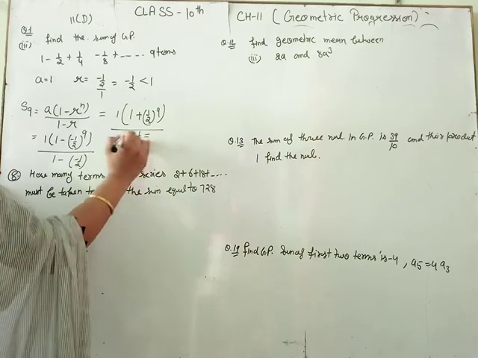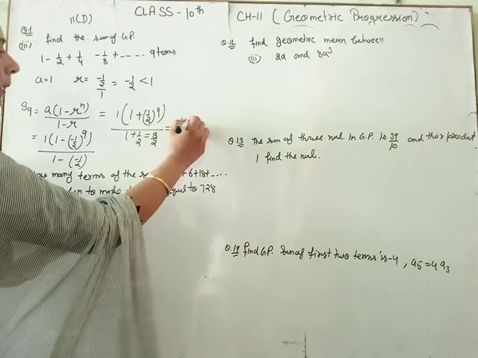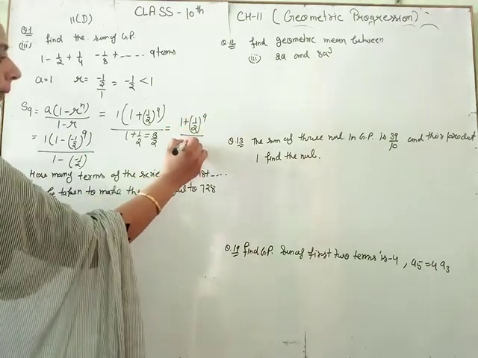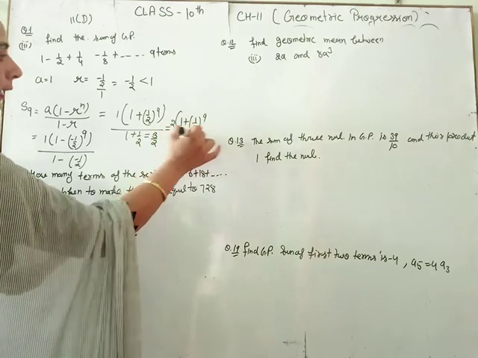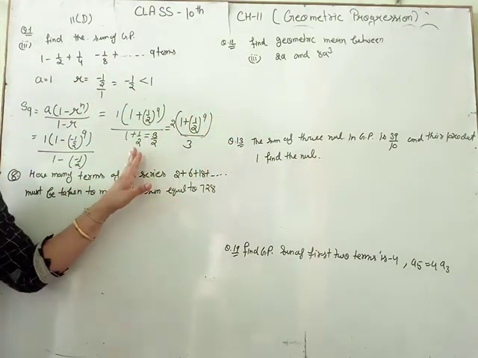Minus raised to an odd power is minus, so this equals 1 plus 1 by 2 raised to the power 9, divided by 3 by 2. This is the sum of 9 terms of this GP.